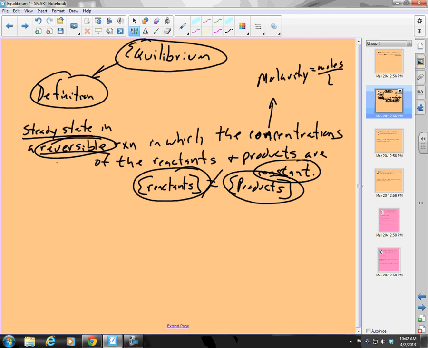Reversible. I guess maybe we need to talk about what reversible means. Reversible means I have a reaction going in one direction and a reaction that goes back in the reverse. So let's take something like nitrous acid plus water will form hydronium plus nitrite.